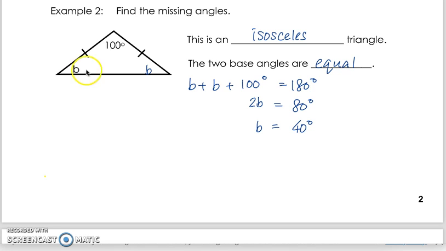That's why I can label the third angle in this diagram as angle B as well. So now I know that B plus B plus 100 degrees is 180 degrees, or 2B is equal to 80 degrees. And now I divide 2B equals 80 degrees by 2 to get the size of angle B, which is 40 degrees.